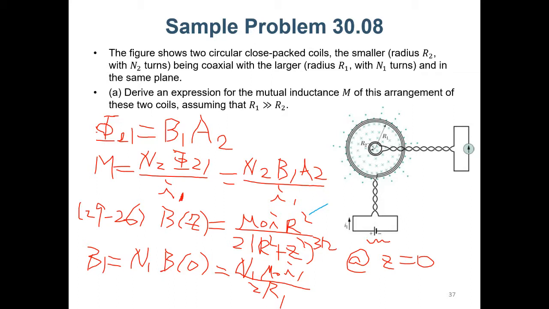This R will become R1. So we have R squared here, and this R also becomes R1, and z is 0. So this is R squared to the 3/2 power. So two of the powers cancel, so only R1 is here, and it will be something like this.